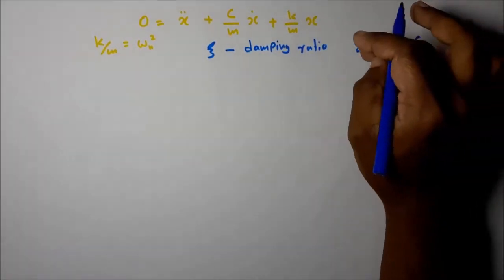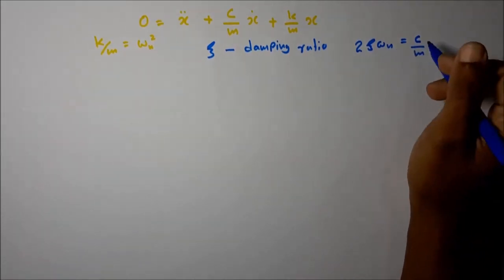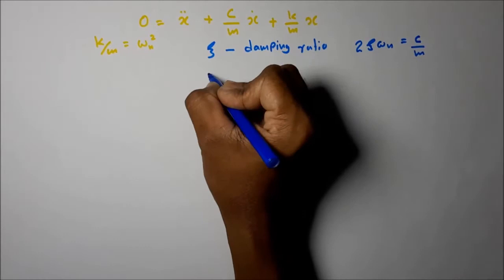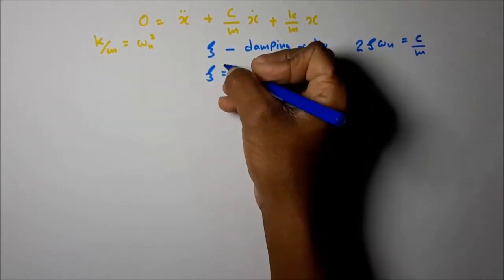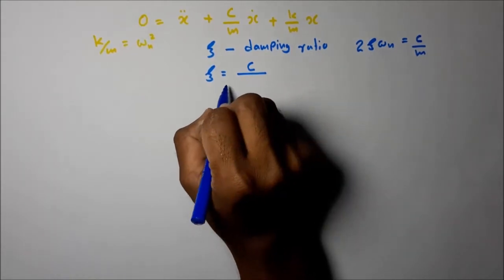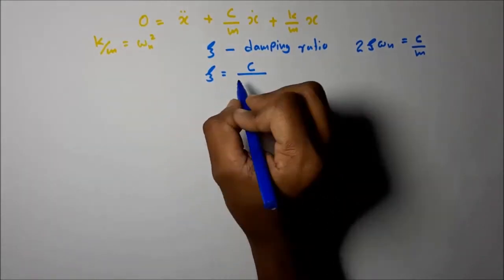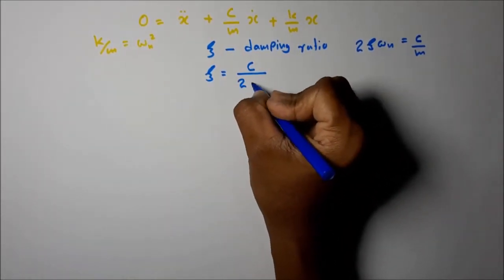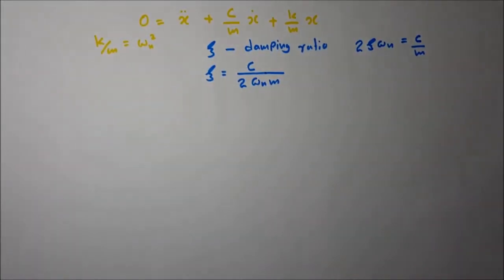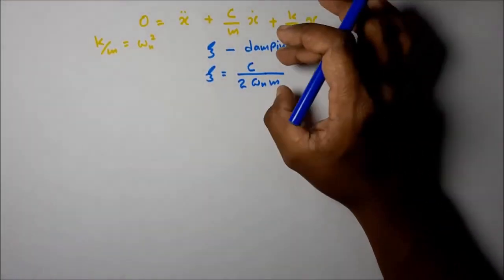This is the relationship between c, theta and omega n. Then if we make theta the subject, theta equals c divided by 2 omega n m. Okay, this is the definition of the damping ratio.